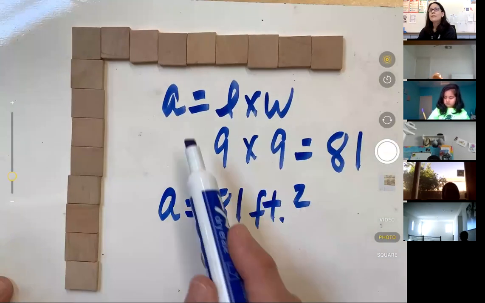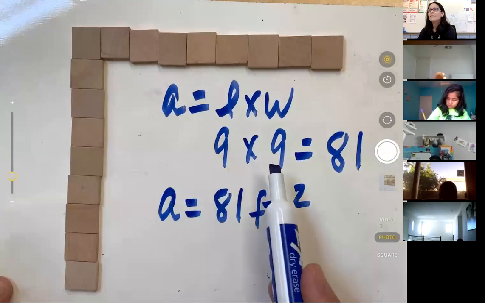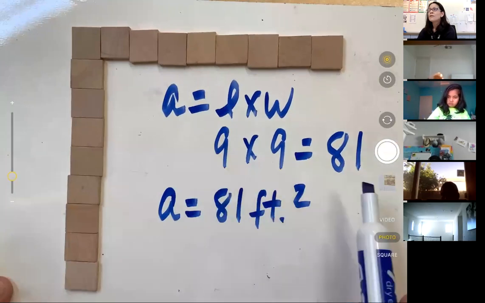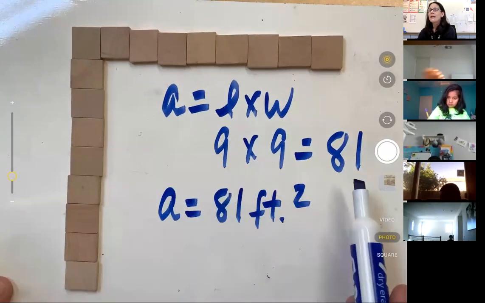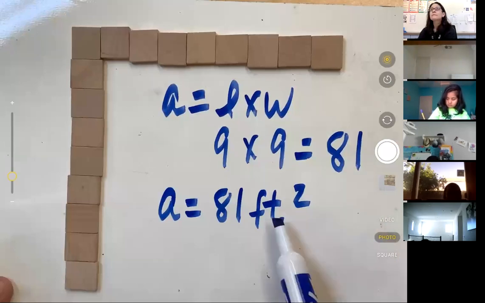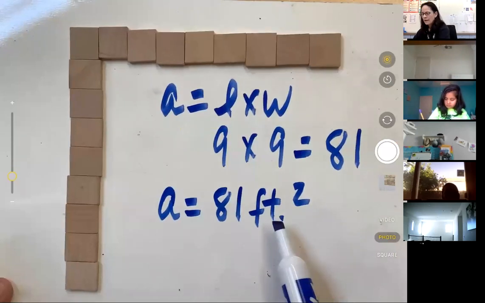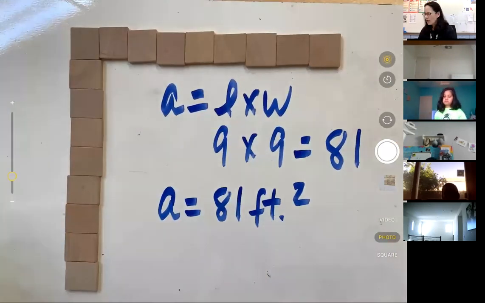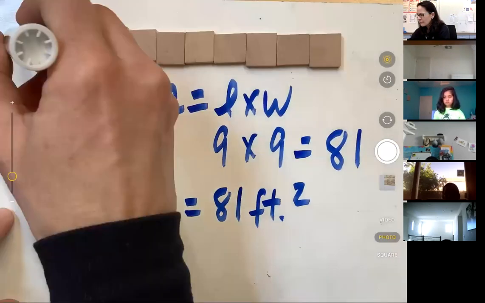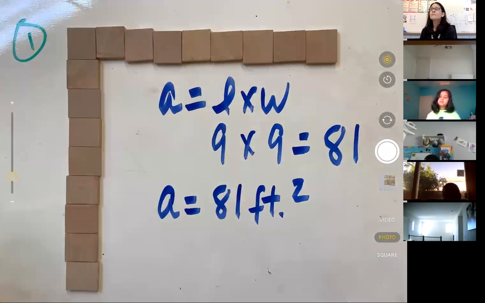Area equals length times the width. It is 9 by 9, which is going to give us a solution of 81 square feet. Okay, so we're going to call all this work step 1 of our problem, right? Step 1. So we're all done there. Awesome.